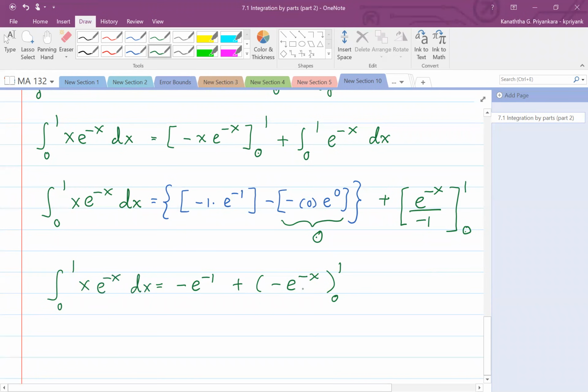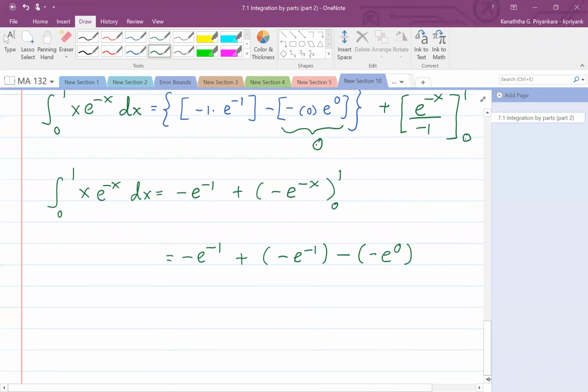Now I substitute x equals 1 and 0. So we get negative e to the power negative 1 plus, if we substitute 1, we get negative e to the power negative 1 minus, if we substitute 0, that becomes negative e to the power 0. So we have negative e to the power negative 1 plus times minus, we get minus e to the power negative 1.